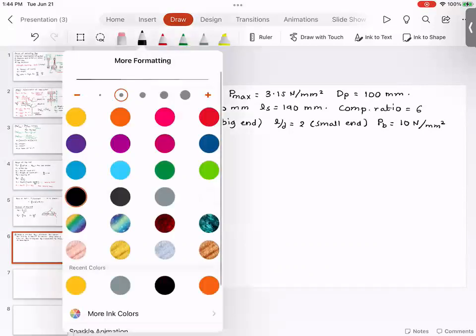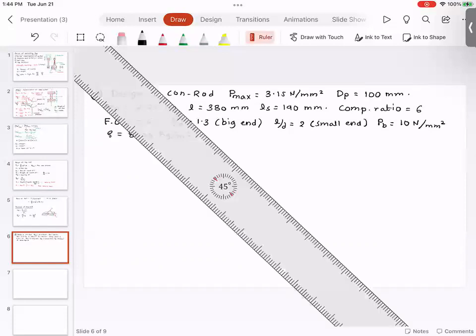So for these parameters we have to find out the cross section.